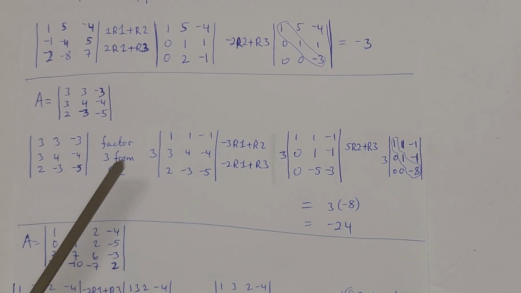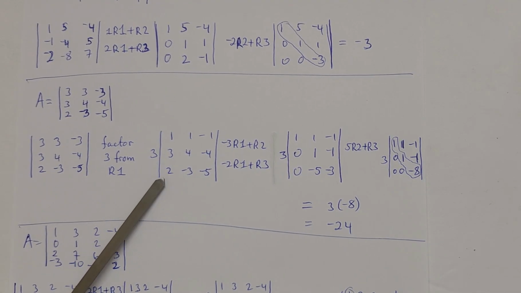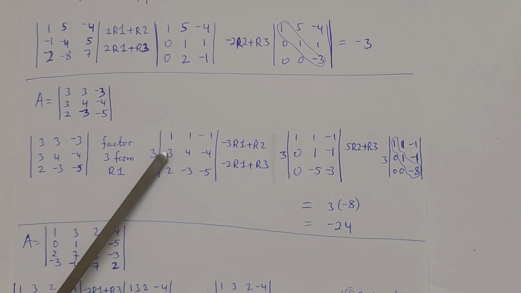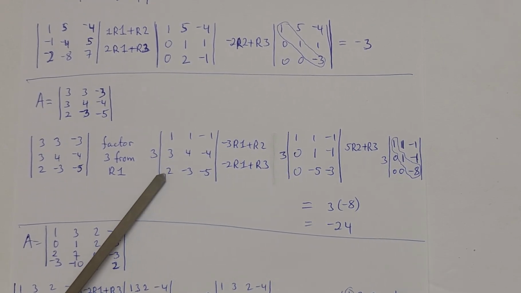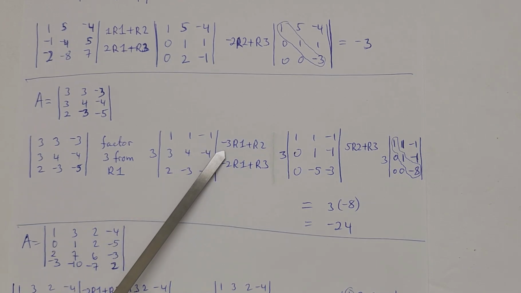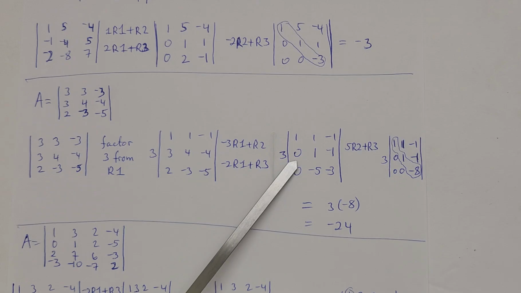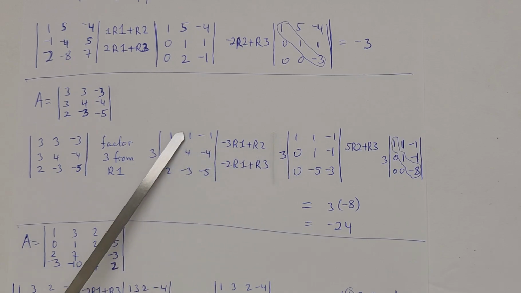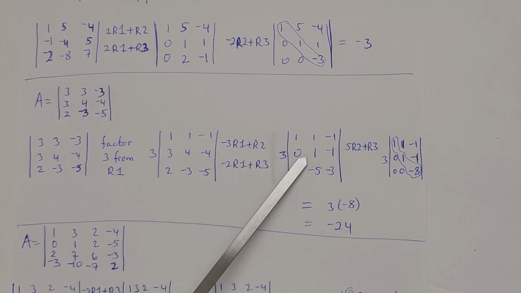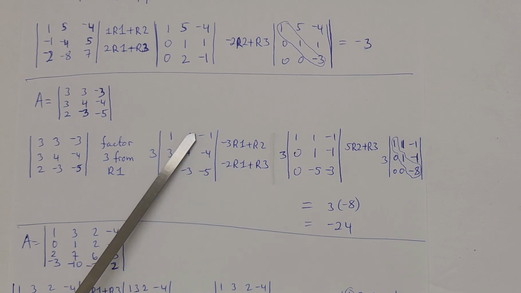Next, again, this is my scalar. The 3 and 2 need to be 0, so the opposite of 3 is -3, and the opposite of 2 is -2. So -3 times 1 is -3, plus 3 gives me 0. -3 times 1 is -3, plus 4, +1. -3 times -1 gives me +3.